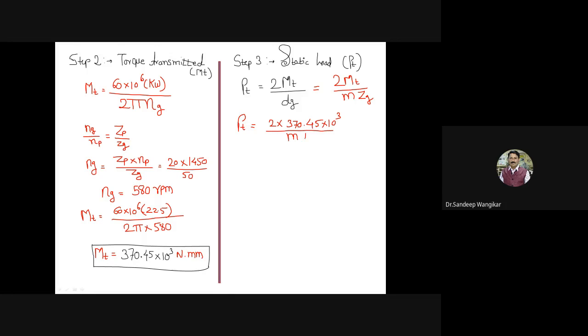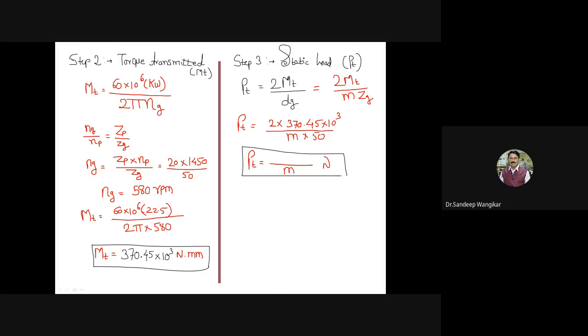M into 50. So I will get here the answer as PT is equal to one value divided by module, and the unit will be Newton. So what will be the value? 14.81 into 10 raised to 3, okay.